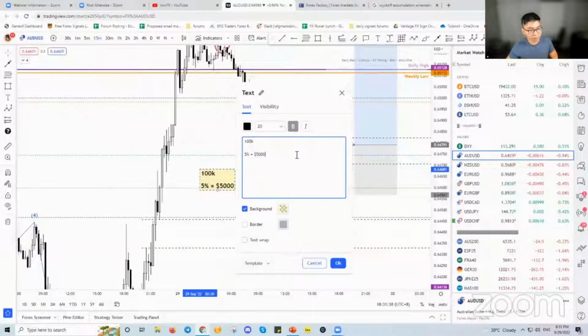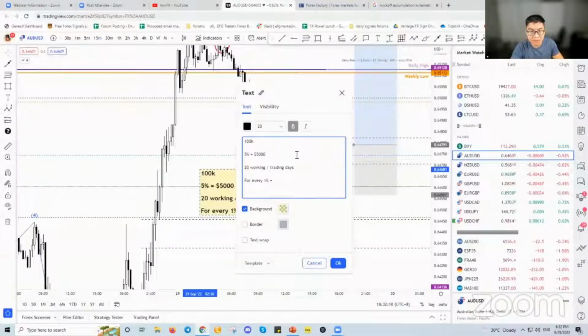So if you are risking a 1-to-1 risk to reward ratio and risking only 1%, you only need 5 trades a month to get that $5,000 on a $100,000 account. We have 20 trading days, so for every 1%, it's 20 working days divided by 5.